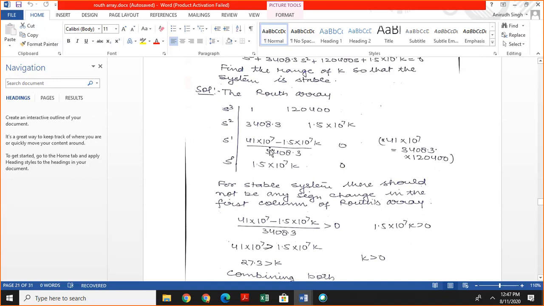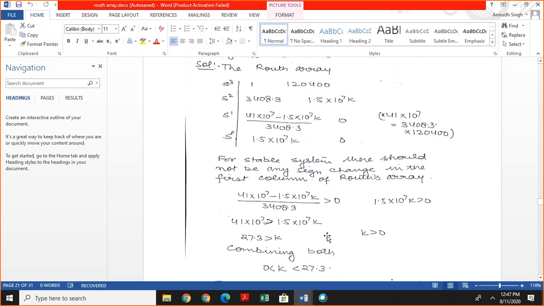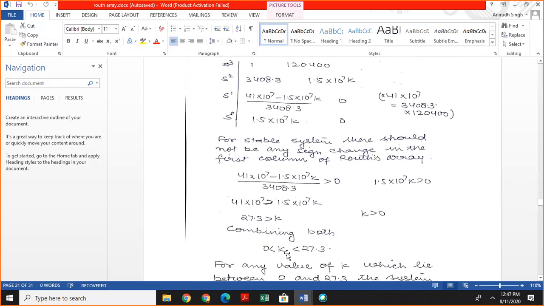It means this term is greater than 0 and this term is also greater than 0, and from these conditions we get k less than 27.3 and greater than 0.